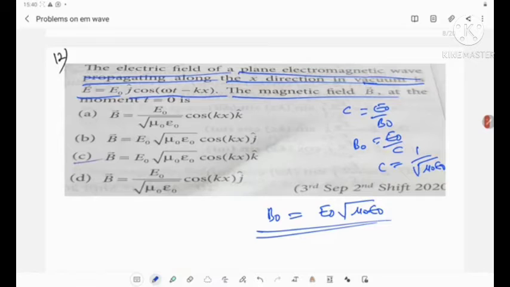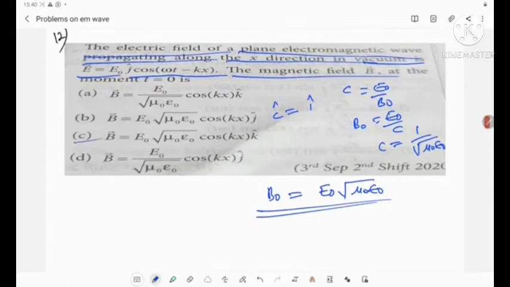Here, the electric field vector is given as omega t minus kx. Omega t minus kx means the minus sign is given, therefore the wave is traveling in the positive x direction. Therefore, C cap is equal to i cap.